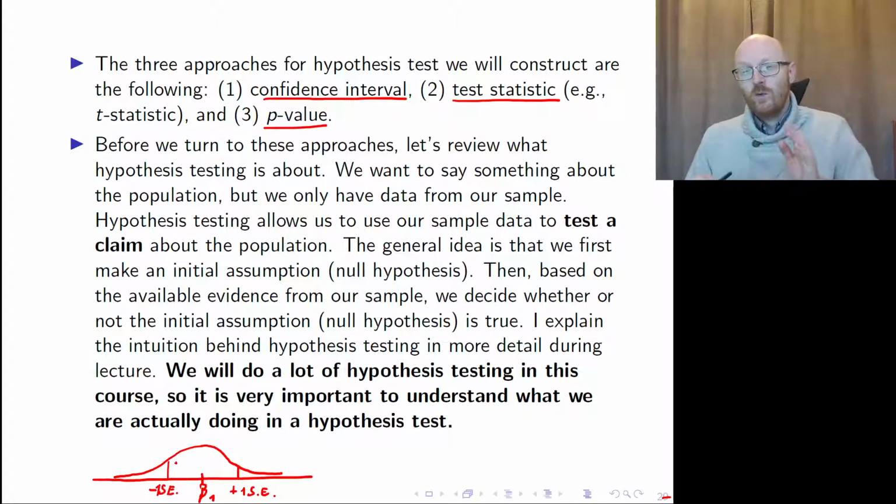And if you go one standard error below and one standard error above, in this interval you would get about 68% of the estimates, right?